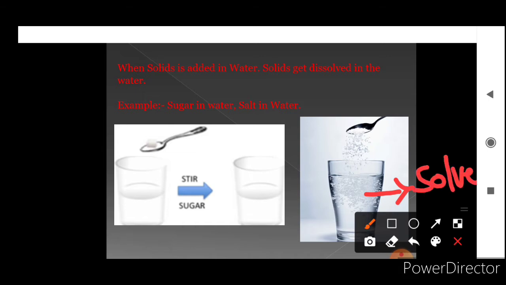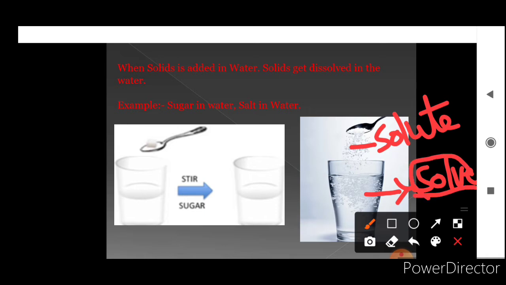And what is getting dissolved in the solvent is known as the solute. So sugar or salt is the solute, and it is dissolving in the solvent. Here water is acting as a solvent.